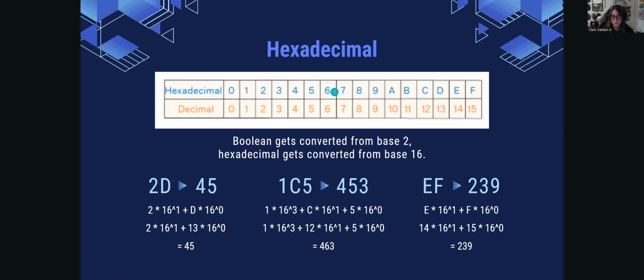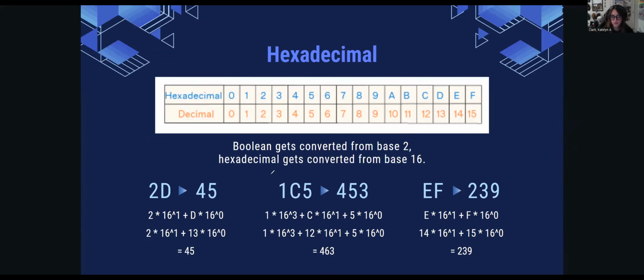So first up, I'm going to talk about hexadecimal numbers. Hexadecimal numbers are very similar to binary numbers in the sense that they're in a base. In base 2, we have 2 to the 0, 2 to the 1, 2 to the 2, and so on.